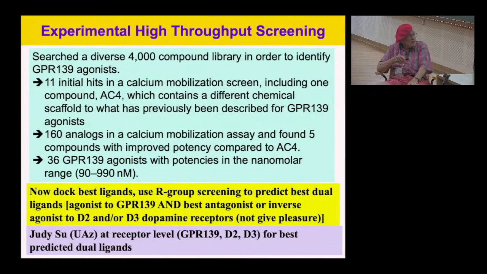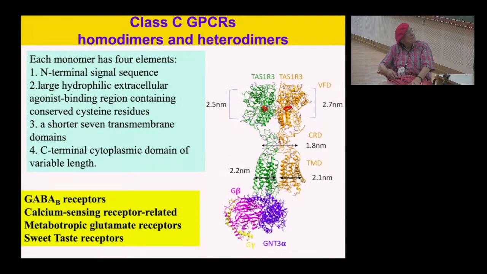In the cases where we find that can do both, agonize GPR139 and block D2 or D3, Judy Sue at Arizona will measure receptor binding for both. So those are the two activities. I'm hoping we'll have small molecules identified over the next few months. So next time I'm in India, maybe we'll have solutions to them.